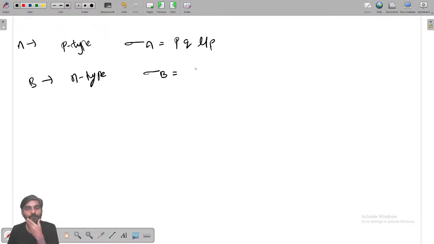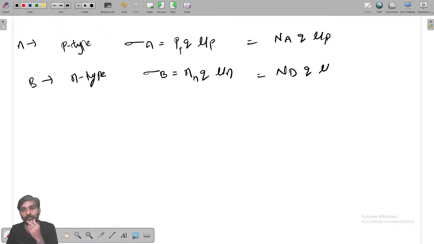Sigma B is going to be n Q mu N. So I can also write this as NA into Q into mu P, and this as ND into Q into mu N.